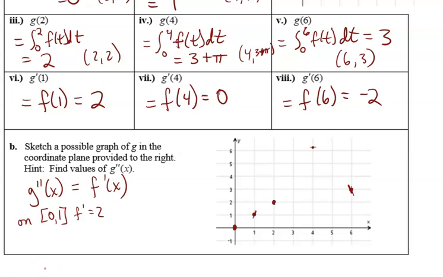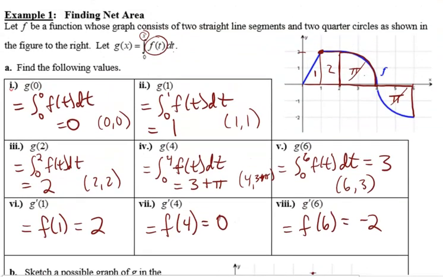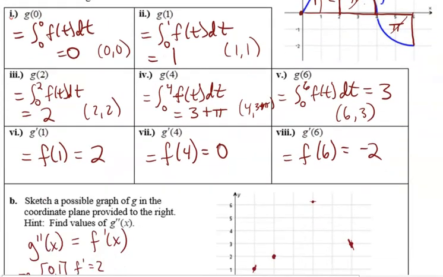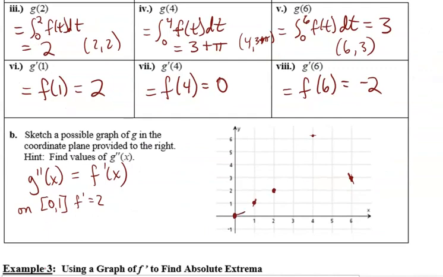That's not a slope of 2. So f prime would be g double prime. So that's concavity. So that tells me that we are concave up. The slope is increasing from a slope of 0 to a slope of 2 because the value of the f function increases from 0 up to 2. Okay, so from 0 up to a slope of about 2.